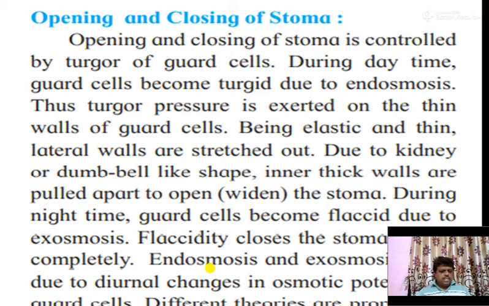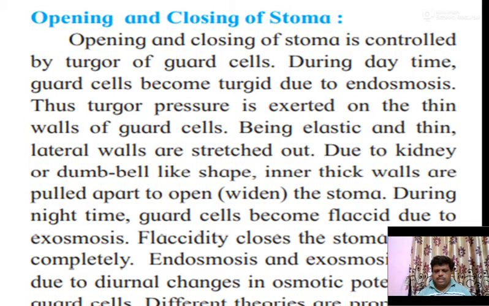Let us see the opening and closing of the stomata. Opening and closing of stoma is controlled by turgor pressure of the guard cells. During daytime, guard cells become turgid due to endosmosis.